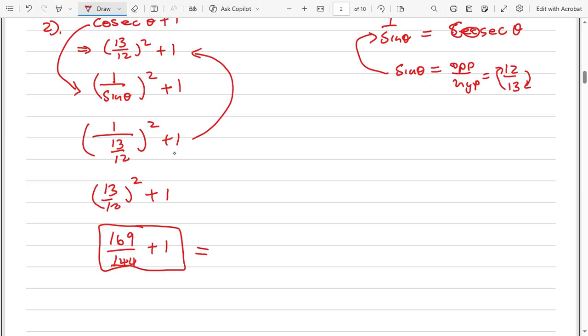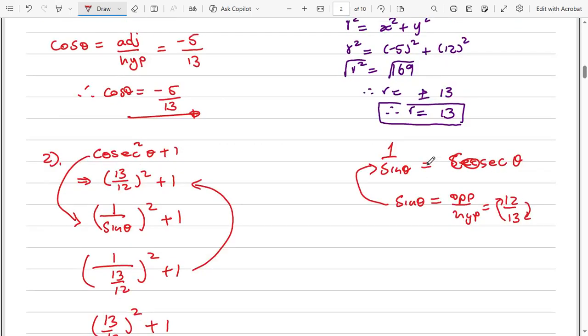It's 313 over 144. In decimal form, it's 2.17. That's the answer. All good?